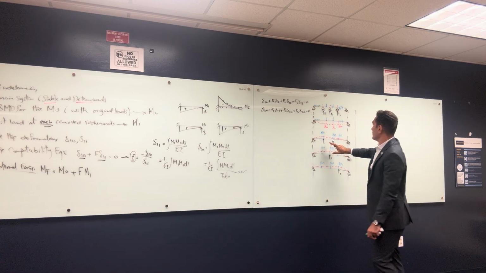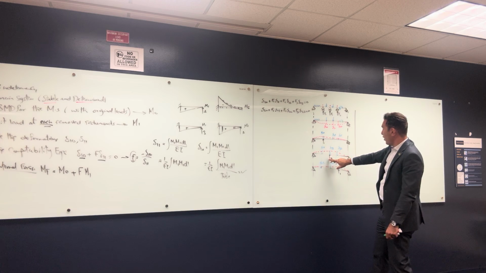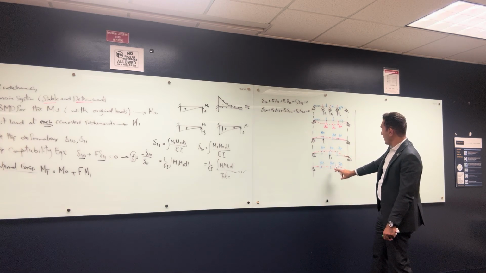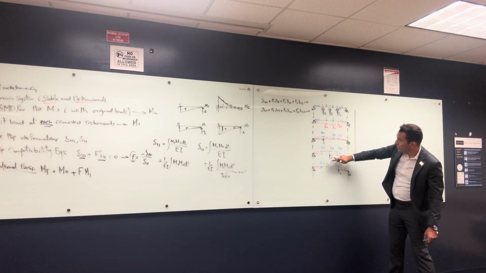Okay, let's focus again. All right, so I have F1 multiplied by delta 21, F2 multiplied by delta 22, and F3 multiplied by delta 23. So it's the 3 deltas here.